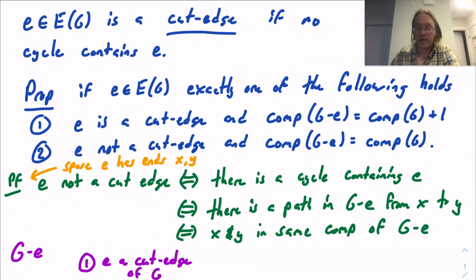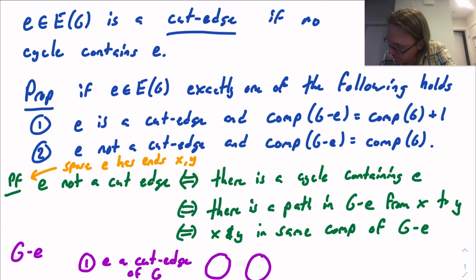If E is a cut edge of the graph G, then what that means is that there is no path in G delete E between the two ends of that edge E, between x and y. And that means that x and y are in separate components. So just pictorially here, in the graph G delete E, this is what you're going to see. Here's x and here's y.